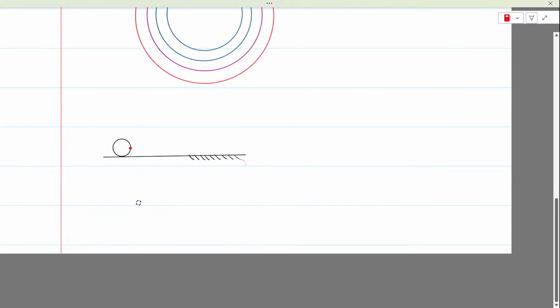So when you roll the circle, it takes a new position, and the point will also be moving around the circumference, and the path that has been traced by the point is called a cycloid.